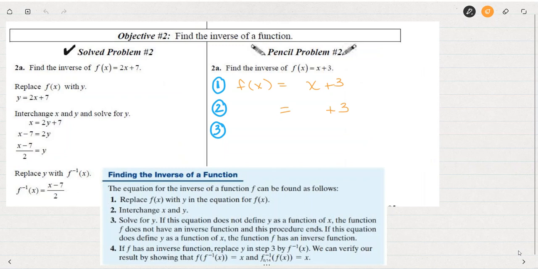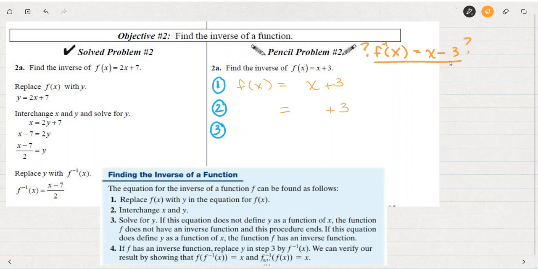Well, let's move on to how to find an inverse. You should know the answer to this one without trying, because we just did one like this, right? If f of x is x plus 3, I can guess that the inverse is going to be x minus 3.